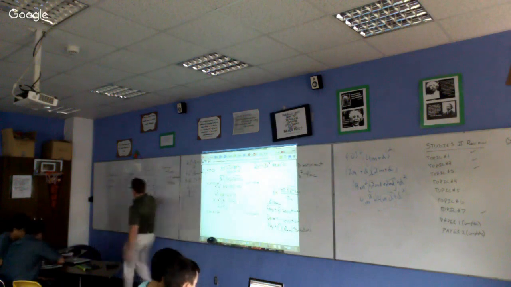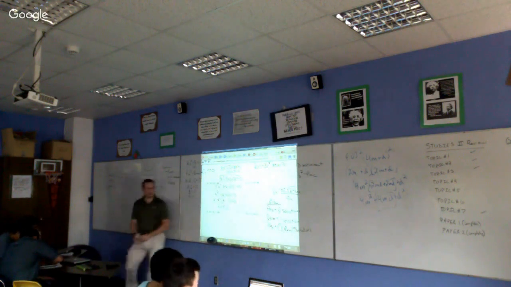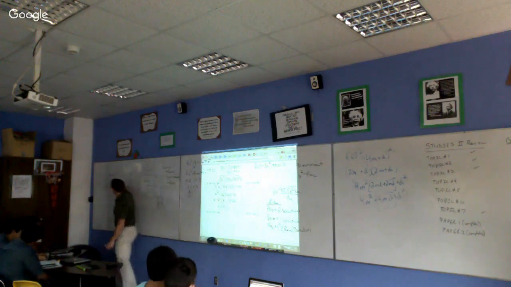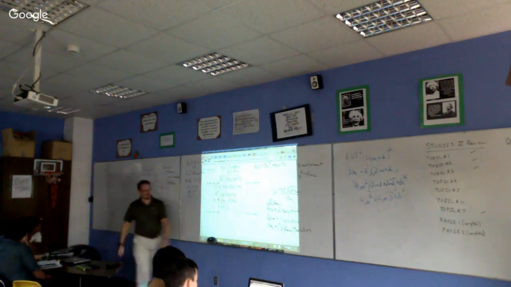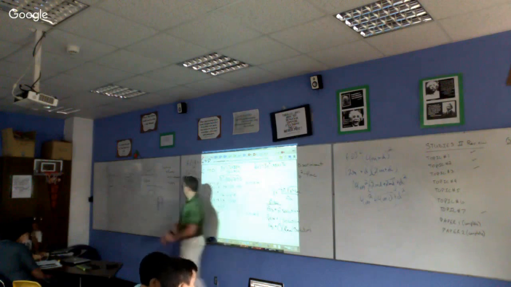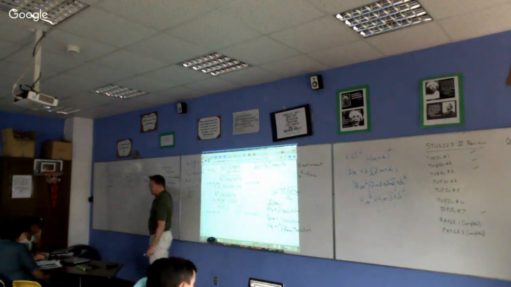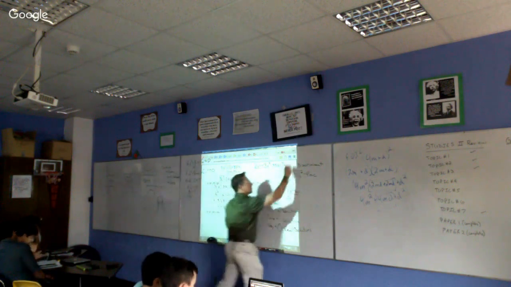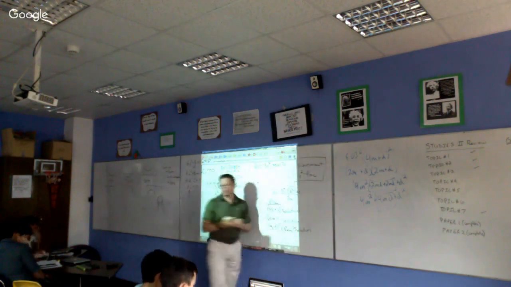If it's 0, then I have 1 solution. If my discriminant is negative, then I have 0 solutions. The discriminant is this guy, b squared minus 4ac.